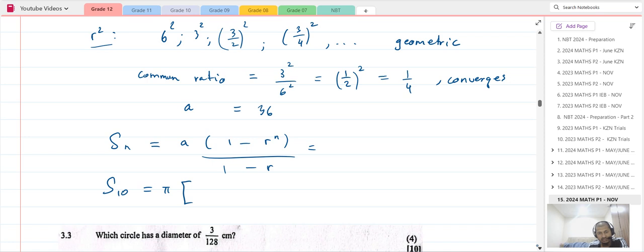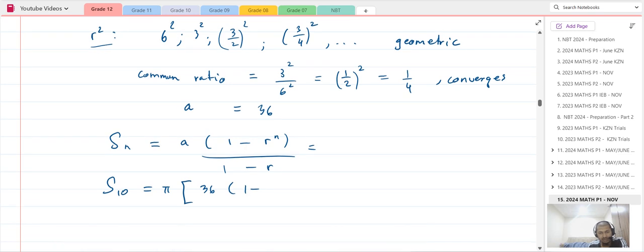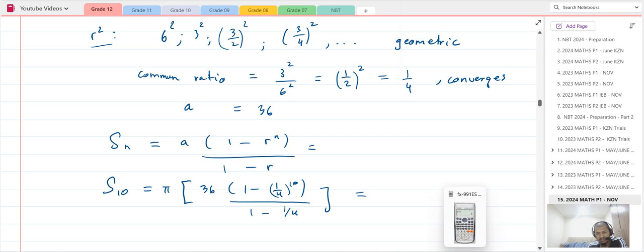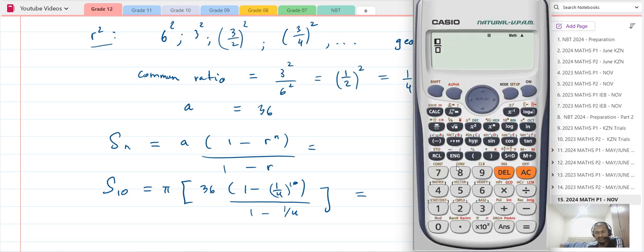A is 36, 1 minus a quarter to the power 10, divided by 1 minus a quarter. So we got 36 into 1 minus 0.25 to the power 10, because there are 10 terms, divided by 0.75, because 1 minus a quarter is 0.75.